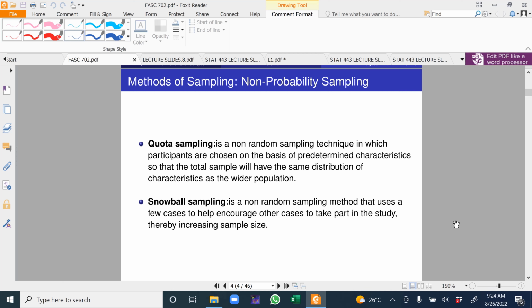The second one is snowball sampling. Now this snowball sampling is used in a case where we are having a population with peculiar characteristics, and it is very difficult to get participants into your study.